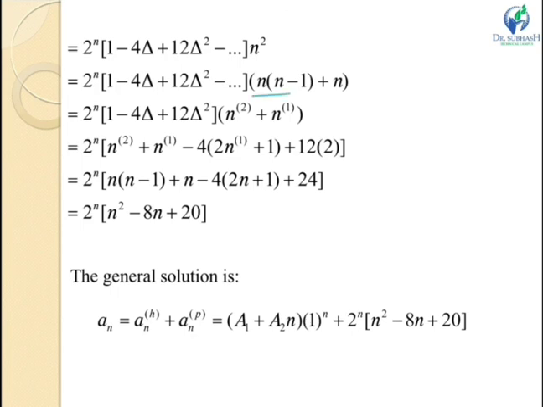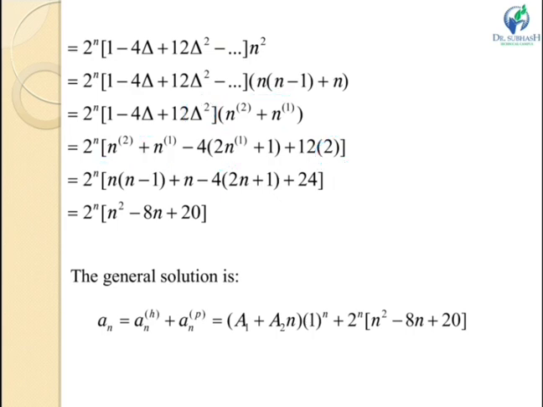When I multiply it with 1, I get this equation as it is. When I multiply it with delta, I have to differentiate it. On differentiating, I get 2n plus 1. Now with delta square, I have to differentiate 2 times, so I will just get 2 over here.